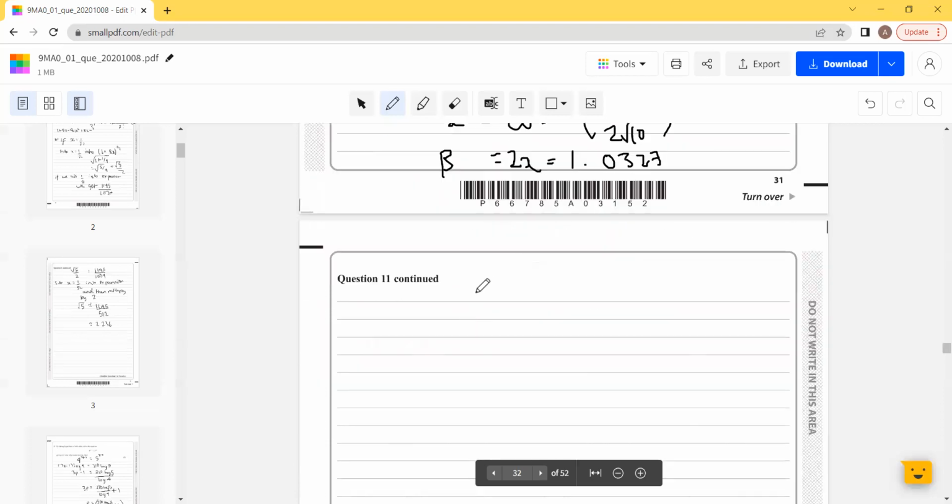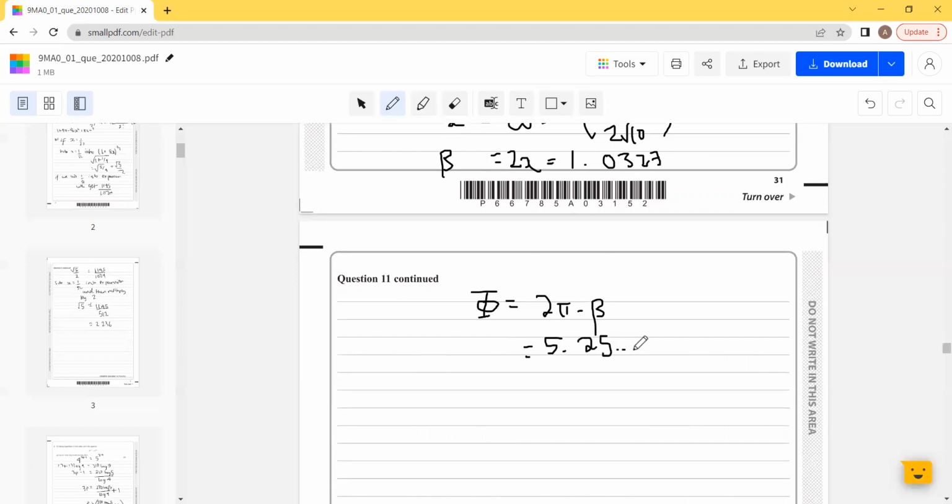And I know now that the angle phi is 2 pi minus beta, which is equal to 5.25... So R phi is equal to 2 root 10 multiplied by this number, which is 33.206.